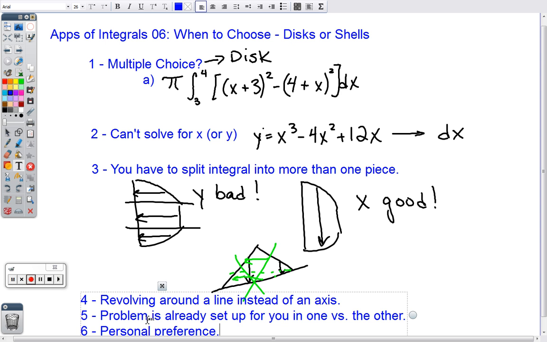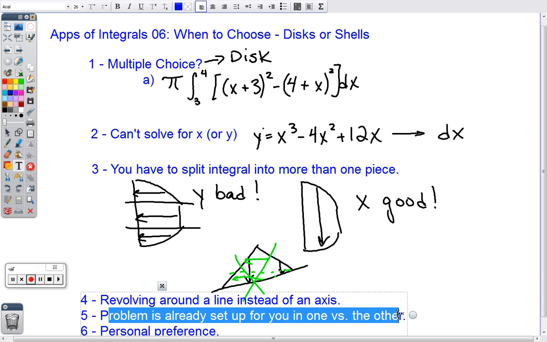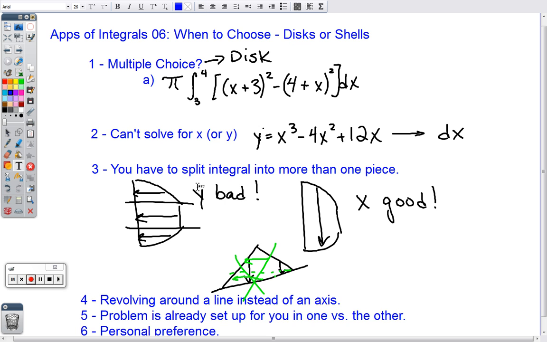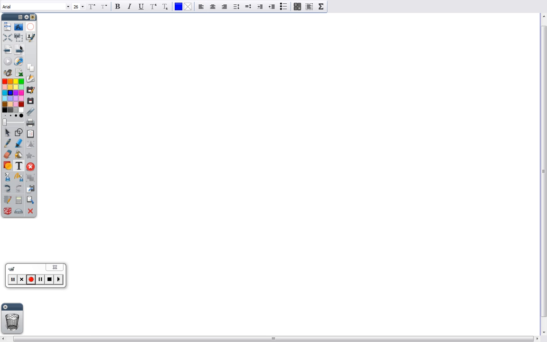What I mean by the problem is already set up for you in one versus the other, we started to talk about this yesterday. It is very common for you to see a problem set up this way. Problem 1, part A: find the area.